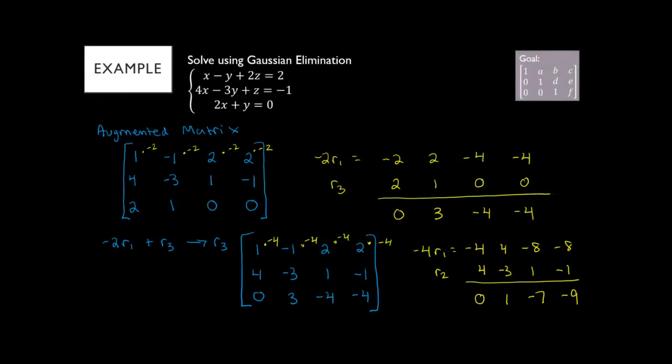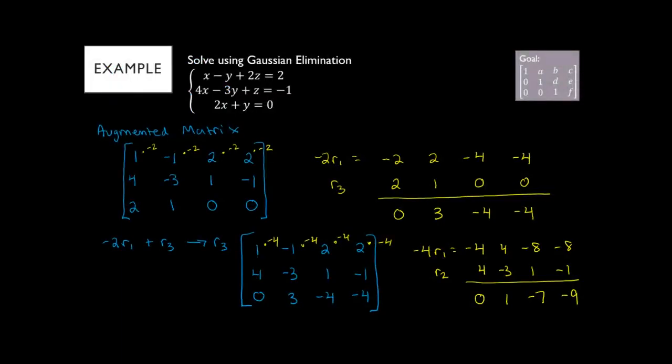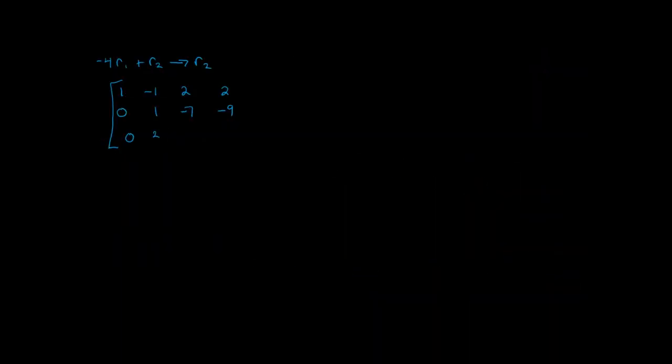So I'm going to be doing a lot of flip-flopping here between slides. I've got a 1, -1, 2, 2, 0, 1, -7, -9, and then 0, 3, -4, -4.